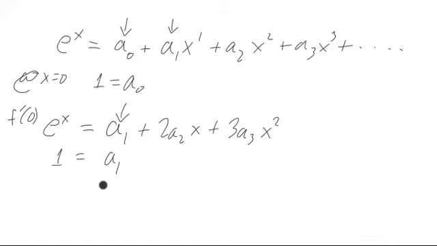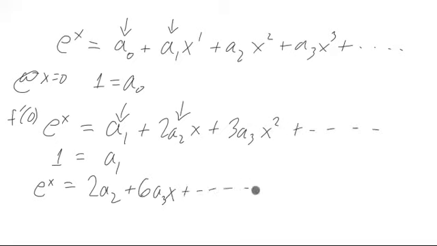Okay, now let's figure out how we're going to find a2. Let's take another derivative. So this side is still e to the x. Over here we have 2a2, and then here we have plus 6a3x. And of course, there's more things here that we haven't really had yet. So to find a2, notice it's the constant term.